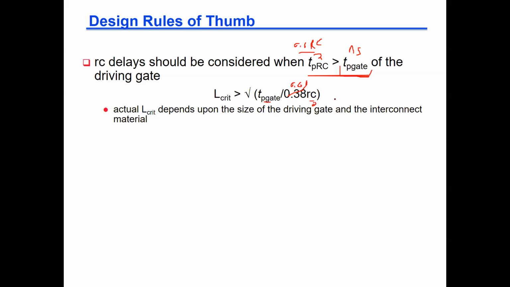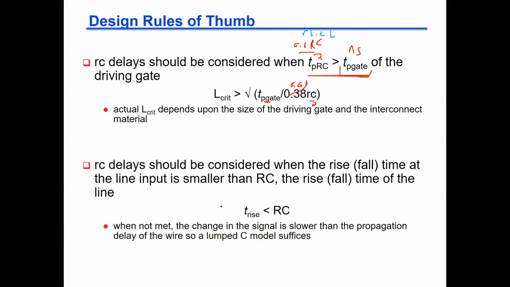Okay, so this is another way of looking at things: this is R times L, and this is little c times L, and I put L squared and see the critical L relative to the average gate delay. Great.